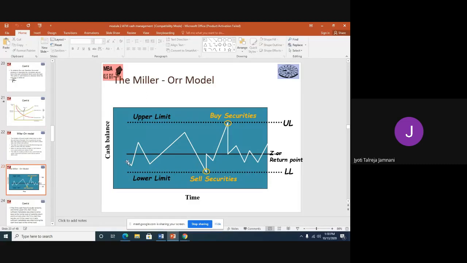Let's say we start with 5,000. Then next day I need only 1,000. Then the very next day I need 50,000. So it keeps fluctuating. As I told you, suppose my upper limit is 5 lakh and my lower limit is 1 lakh. In between these, I have no issues. But if it touches the upper limit, I should invest cash, because this much money I will not need.